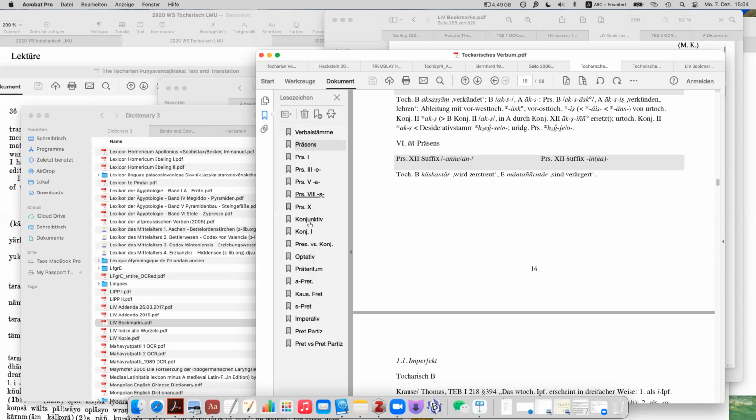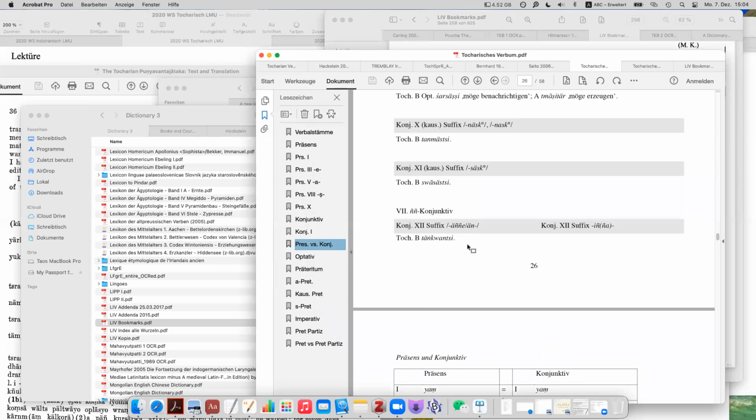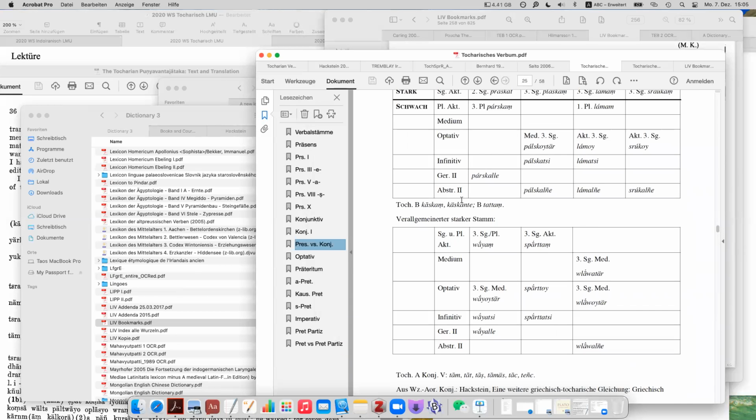And then for the subjunctive, they actually look quite similar. We can check the subjunctive forms here.